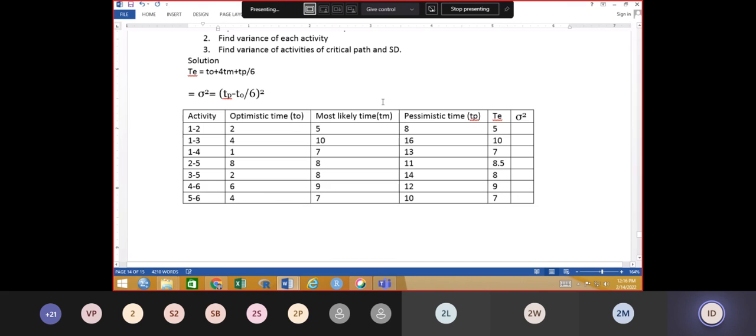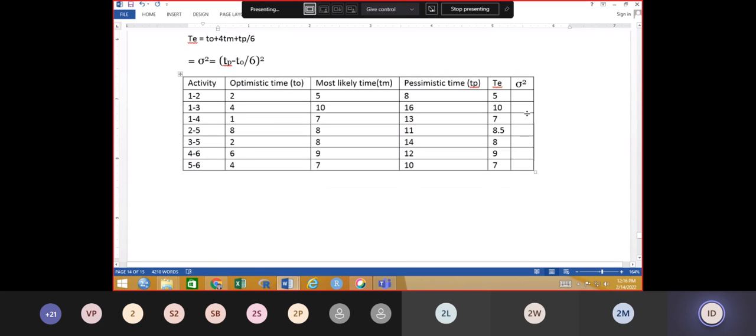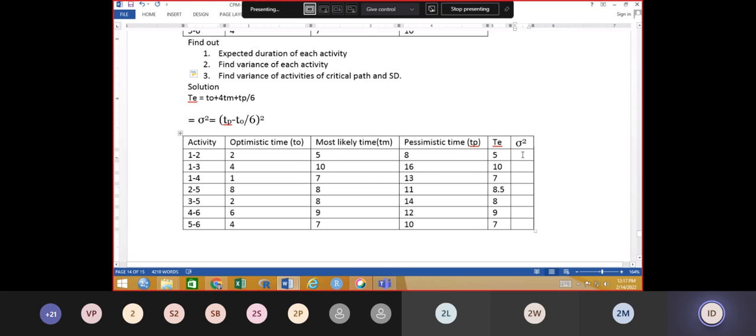Variance: TP minus TO divided by 6, raised to 2. That's all, finish. Come on, tell me the values.